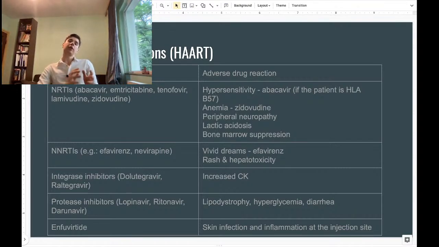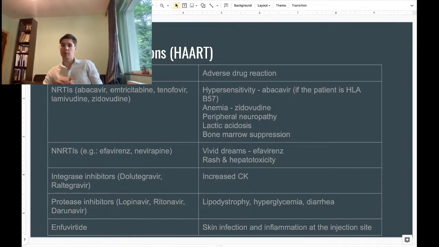There are five classes of drugs that are part of HAART. Namely, the nucleotide reverse transcriptase inhibitors are represented by abacavir, emtricitabine, tenofovir, lamivudine, and zidovudine. There are some specific adverse drug reactions for these drugs.